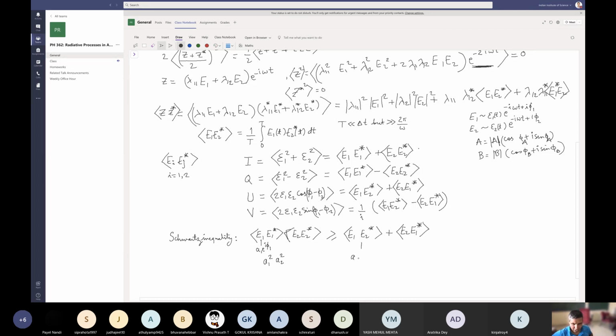This is A1 A2 e to the i phi1 minus phi2, and similarly this one is A1 A2 e to the i phi2 minus phi1.